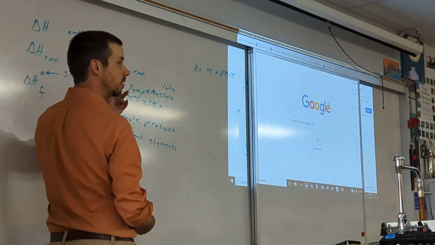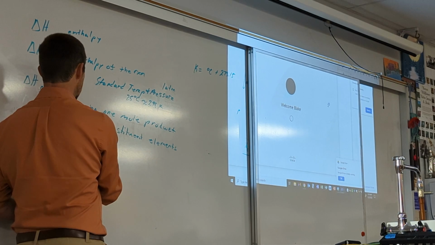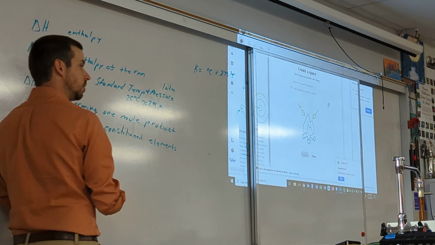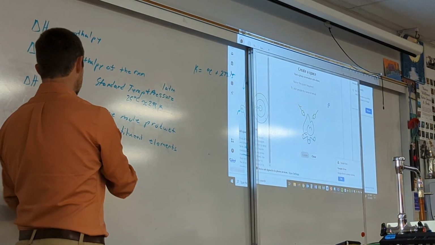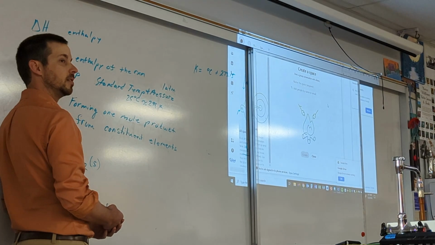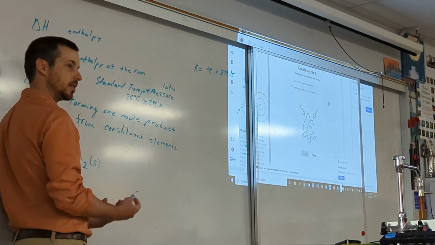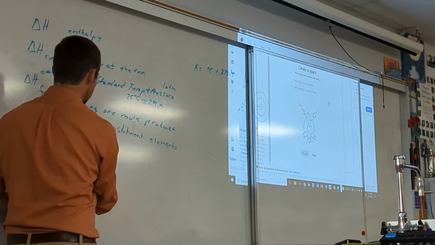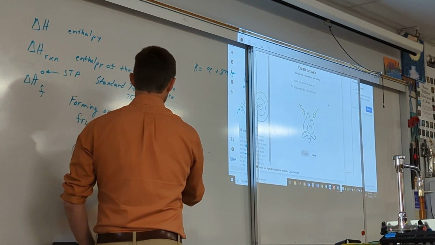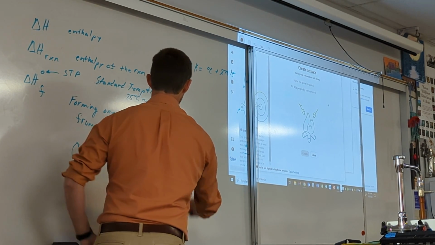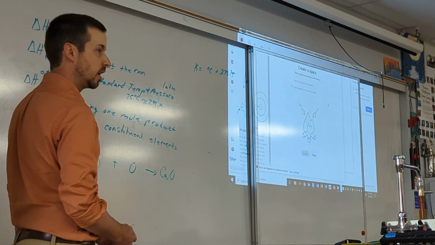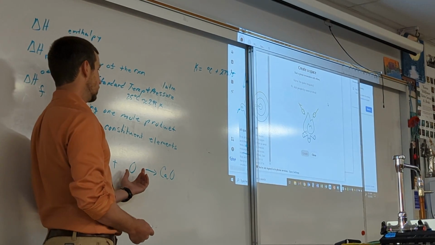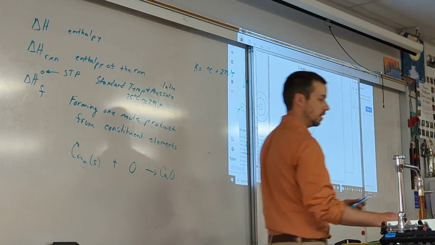Why? Because at standard temperature and pressure, calcium is a solid. That is its constituent element. Calcium shows up like this, not like that, at room temperature and pressure, in essence, right? So we have to do some notation. What about this? Is this a true statement? That to form calcium oxide, you use calcium and oxygen, the elemental form of oxygen. Is that a true statement?